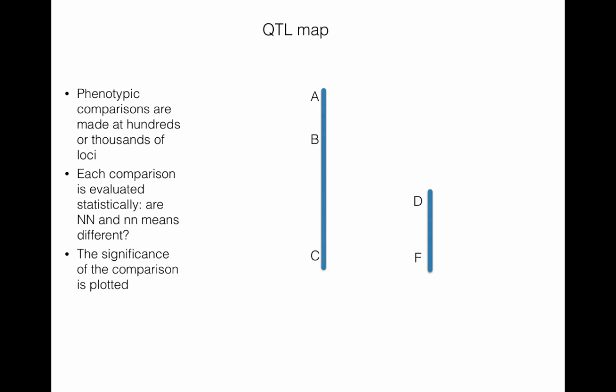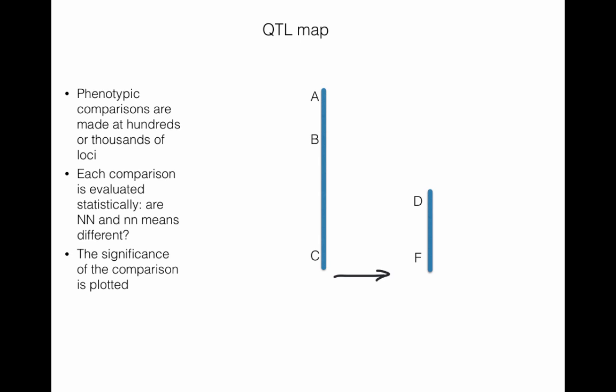How would that look on a map? Well, if we imagine drawing a map of our QTL, a map of the candidate loci, that is the loci that have shown an association, the way we would derive that map would be to take the existing chromosomal map and then to plot on top of that the significance of the association.